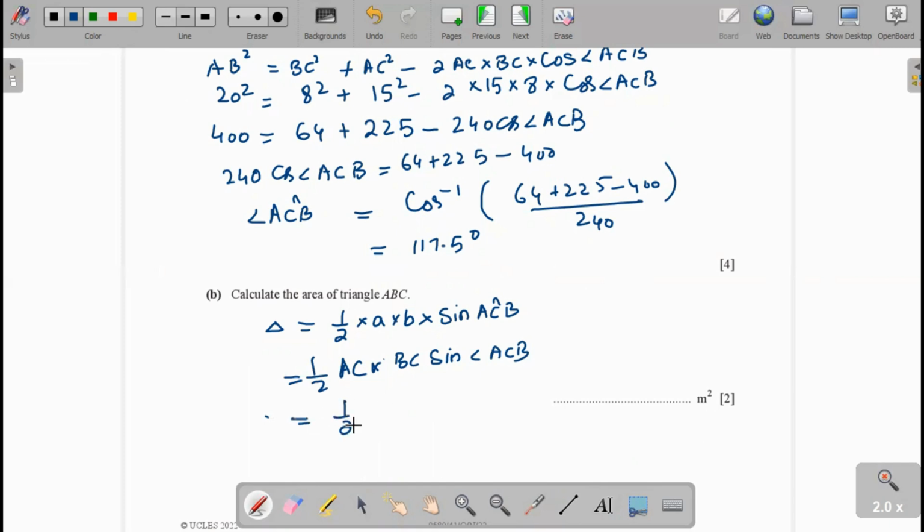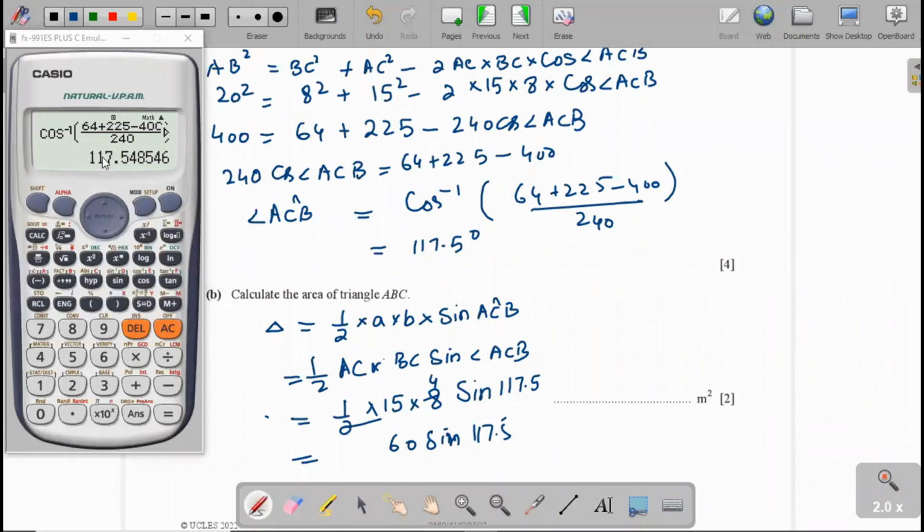Now 1/2, the length of AC is 15 and BC is 8, and the angle is sine of 117.5. Now the value will be equal to 60 into sine 117.5. Now we calculate it.